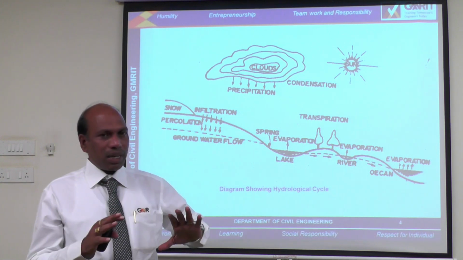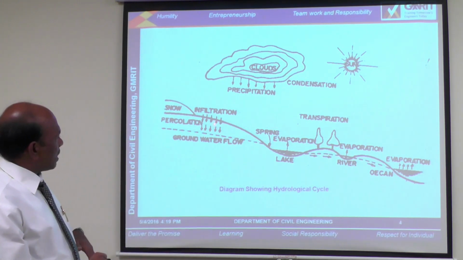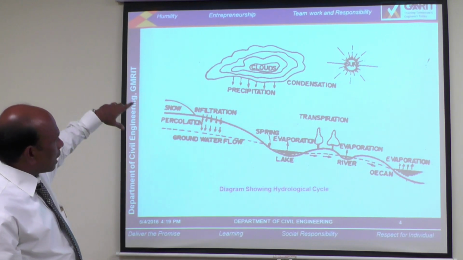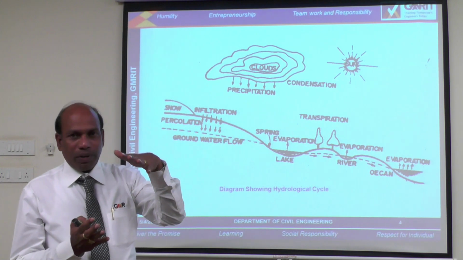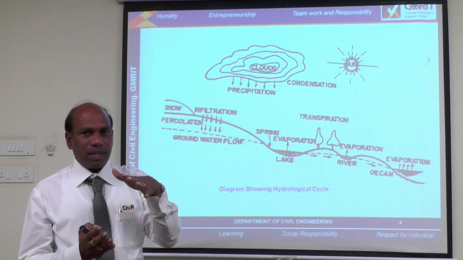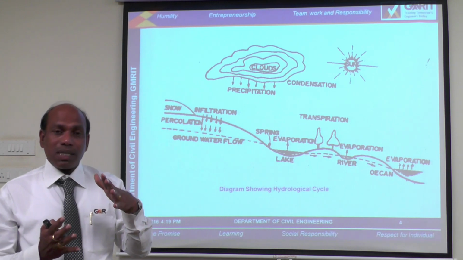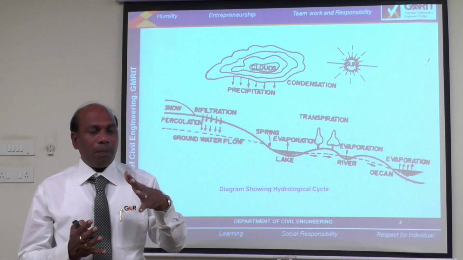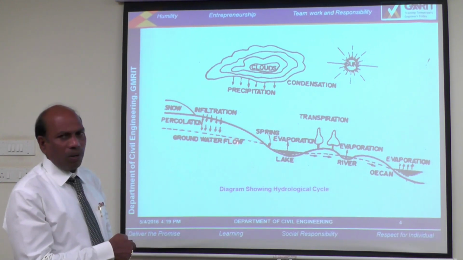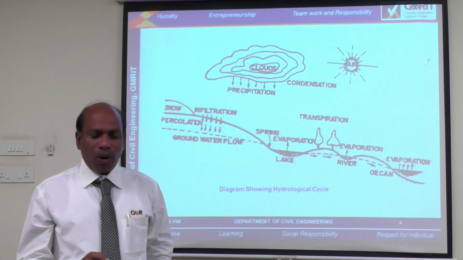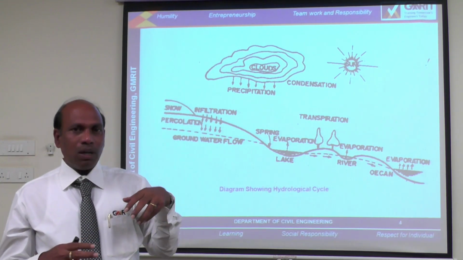Where the existing strata is a confined aquifer, that means between two impervious layers, the infiltrated water flows below the ground surface between the two impervious layers, which creates some pressure. This is nothing but pipe water flow, which generally has some additional pressure apart from atmospheric pressure.